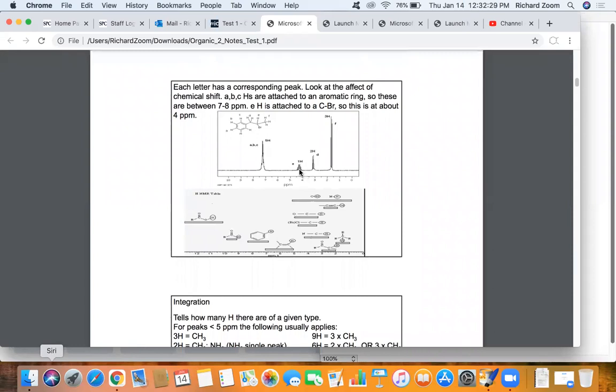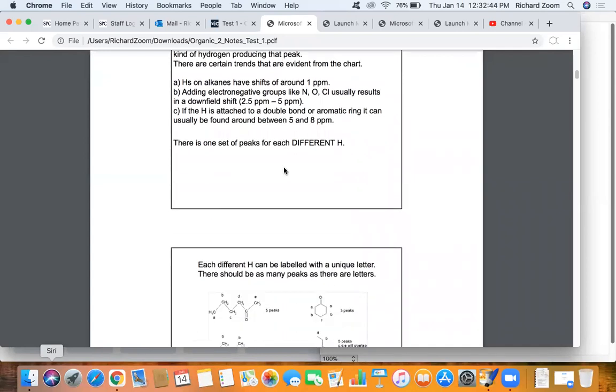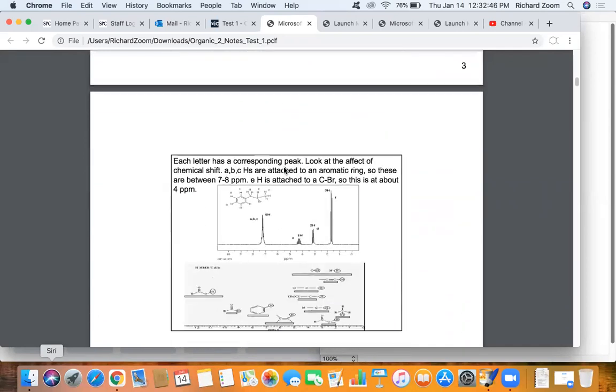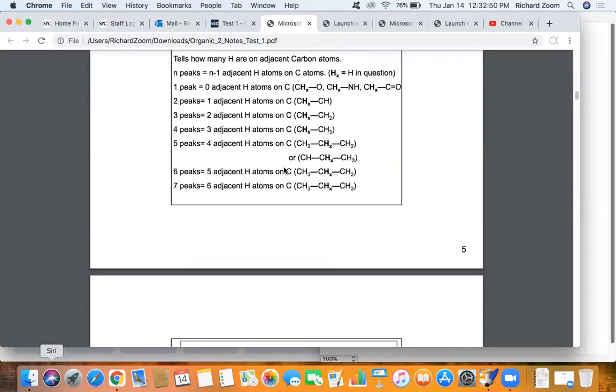And then I talked about multiplicity, which accounts for the multiple peaks that each peak is made up of, which tells you how many hydrogens are on adjacent carbon atoms. So that's what we had talked about on Monday.